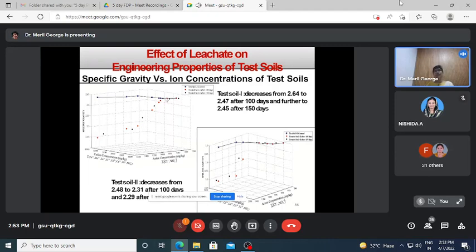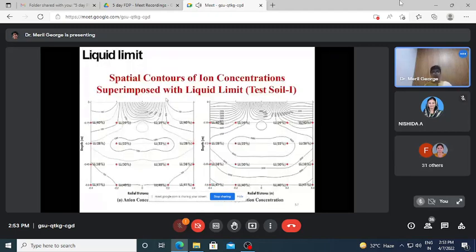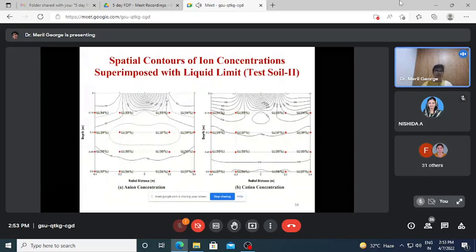So a similar trend is observed in test soil 2. Here, the liquid limit is plotted with respect to the spatial contours of ion concentration. This liquid limit is superimposed on the spatial contours. This was done for both the test soil 1 and test soil 2.